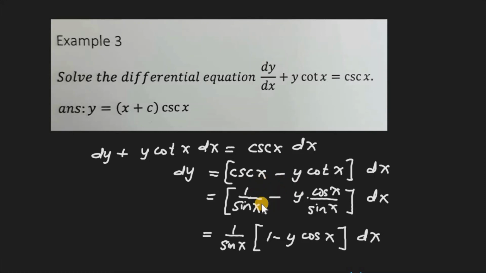How to separate the y from the x? Even though, let's say we take out the 1 over sine, cosecant is 1 over sine, cotangent is cosine over sine. I'm factoring out this 1 over sine. So we are left with 1 minus, but there is still y over there combining with the x. Meaning you cannot separate your x and y for this case.